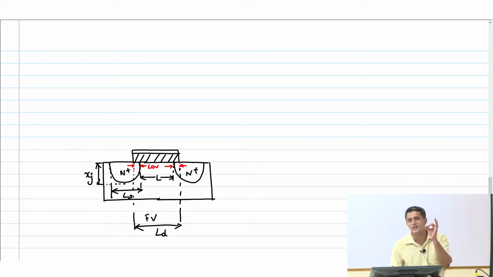This is the intended channel length that we wanted, but because of diffusion and all, it reduces. So when I say L, it means the same L that appears in your current equation, mu n C aux W by L. It's not mu n C aux W by LD. That L that we talk about is always what appears in your current equation. That's why I'm not writing this capacitance as just some LD. I'm writing it in terms of WL and the overlap lengths. I'm not combining them and writing it as LD.